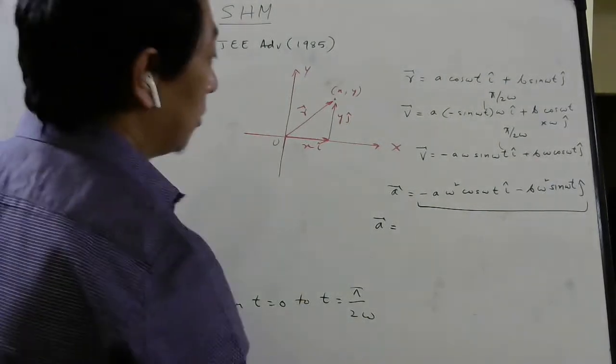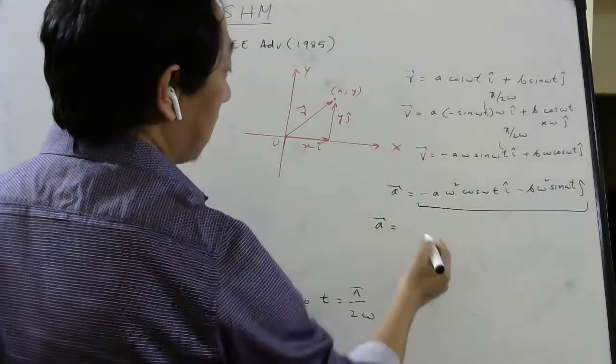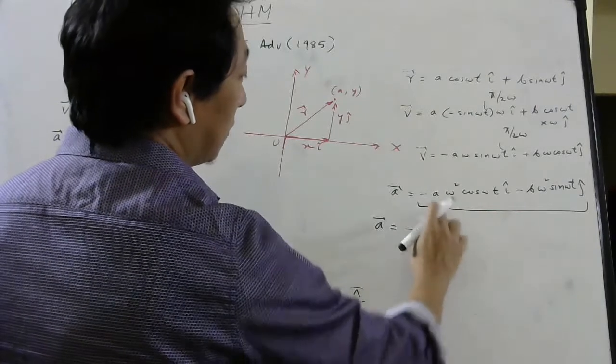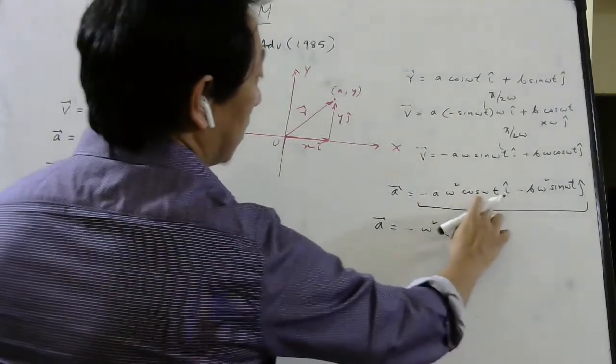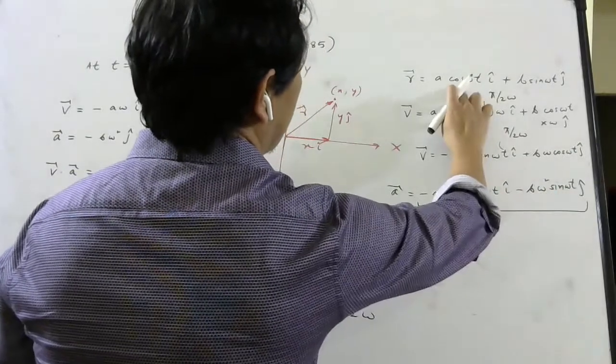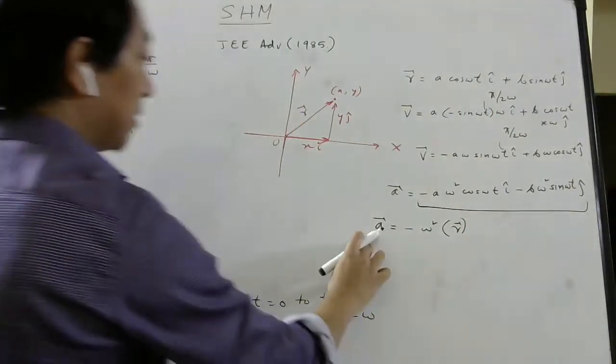So what you have to try to do is relate this acceleration with r bar. If I take minus omega square common, what is left is a cos omega t i cap plus b sin omega t j cap, exactly the same as r bar. So acceleration is minus r bar.